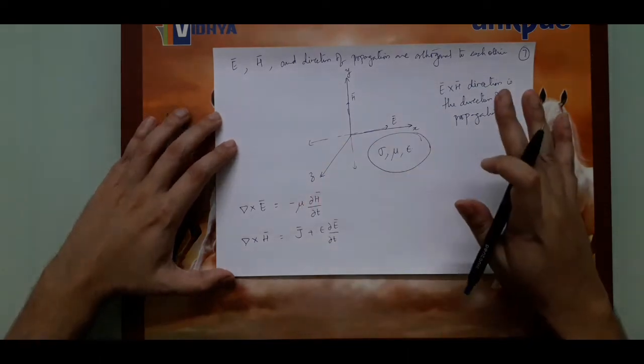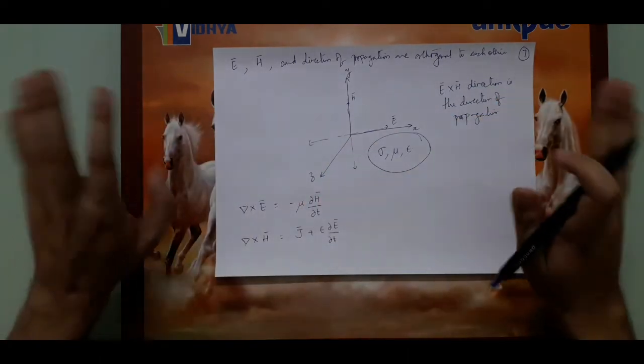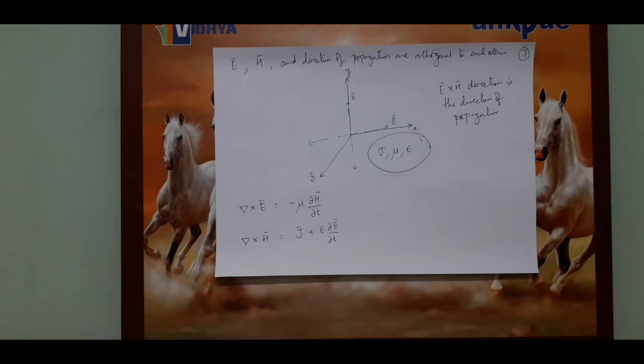I am using the differential forms because I am assuming that let the medium be continuous, homogeneous, and infinitely large.